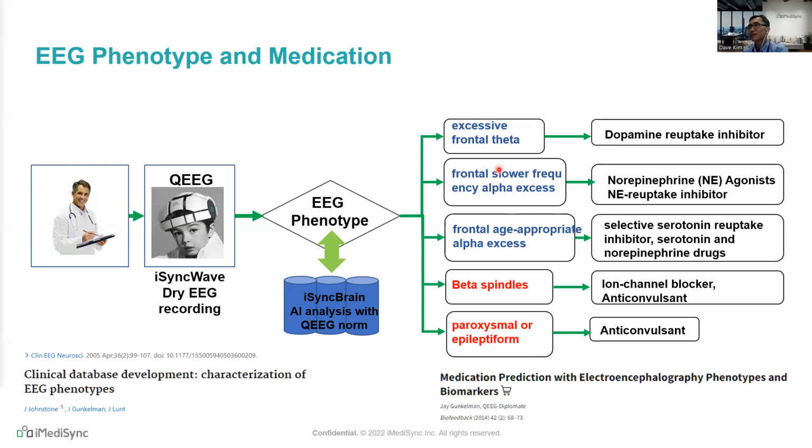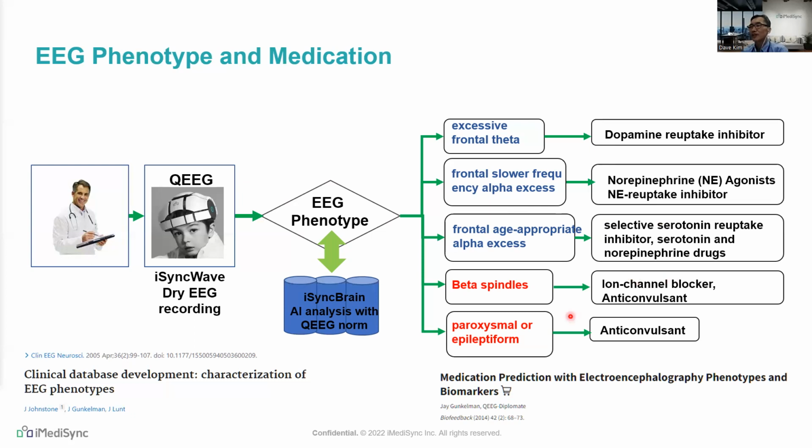Basically, the frontal theta phenotype responds well to dopamine reuptake inhibitors, the frontal slow frequency alpha excess will respond to norepinephrine agonists, and frontal age-appropriate alpha excess can respond to SSRIs. Basically, the beta spindle can respond to anticonvulsants or GABA agents.